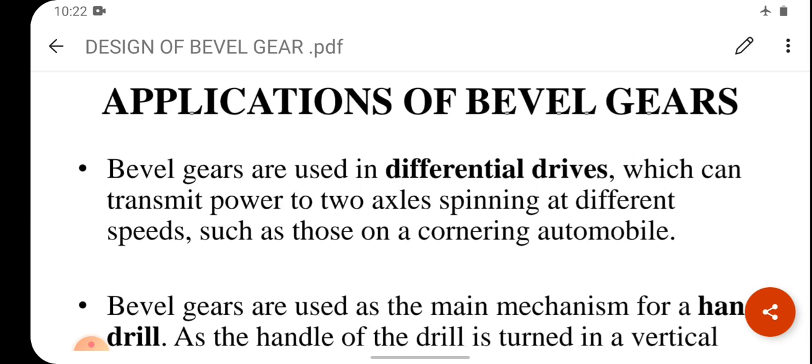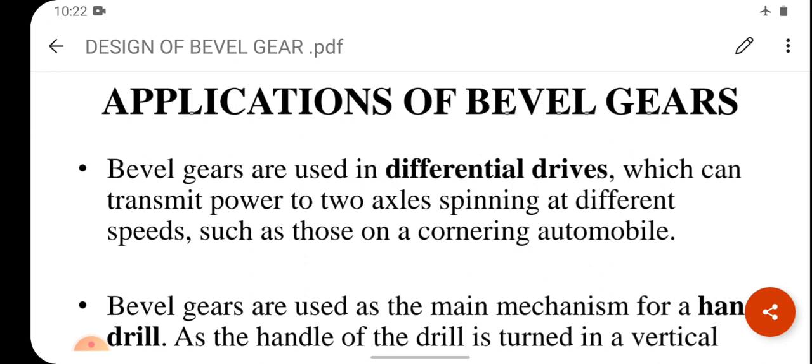So generally differential mechanisms are mounted on the rear wheels in four wheel vehicles. So what is the differential mechanism? When you are taking a turn on the curve, your outer wheel should rotate at faster speed as compared to inner wheel.